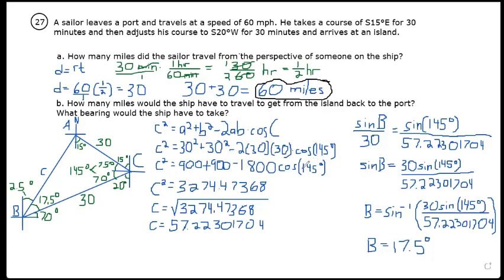But if you put everything into the calculator, we should end up getting this particular decimal, 3,274.47368. And that is actually what C squared is equal to. Now, to cancel out the square, we're going to have to take the square root. So really, we can view this as taking the square root of both sides.